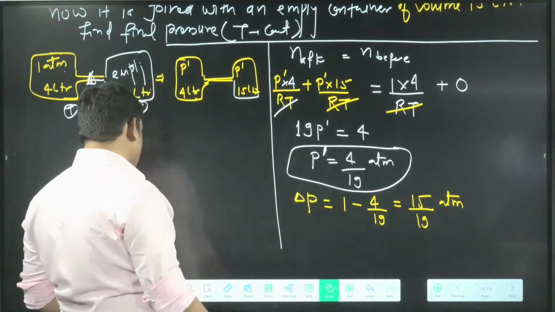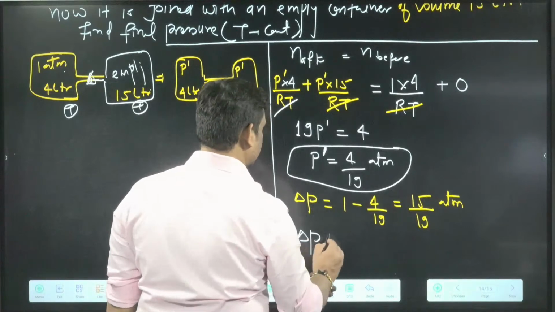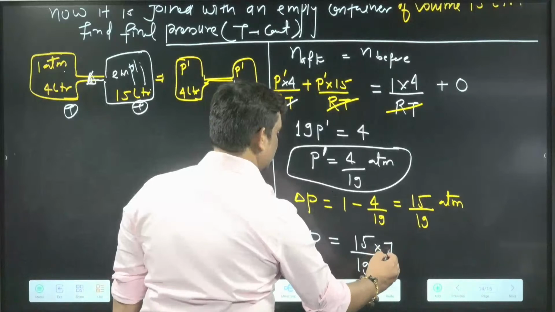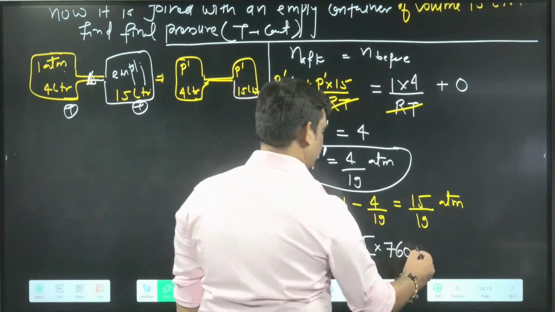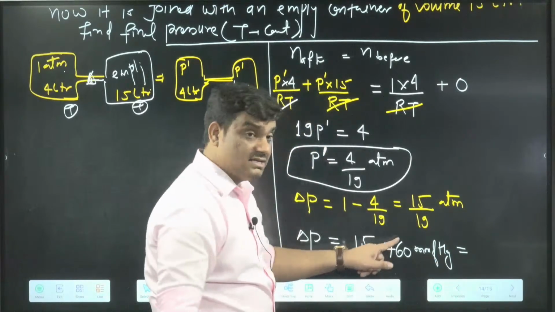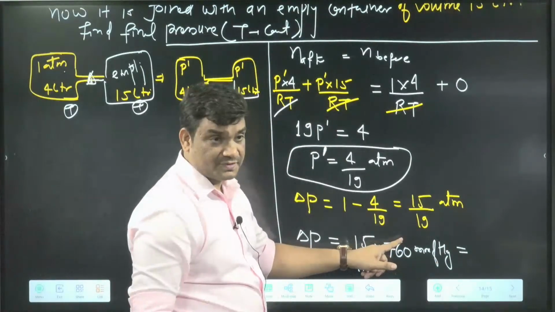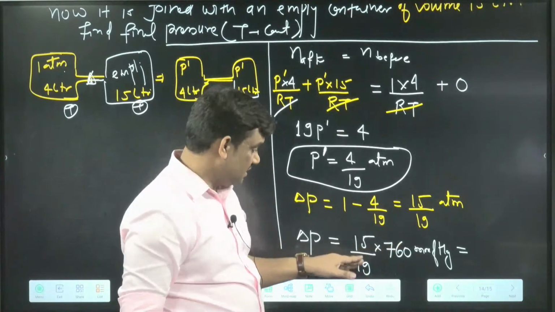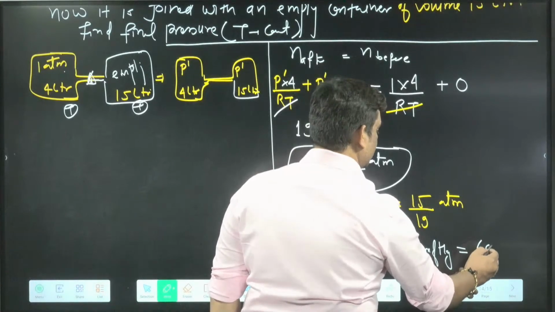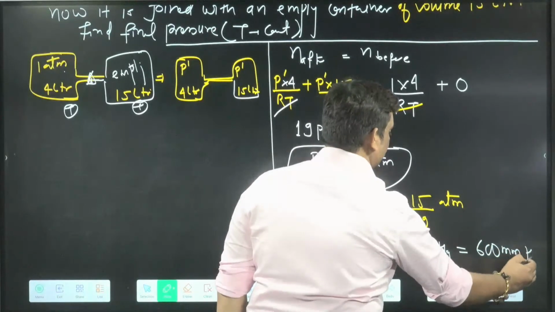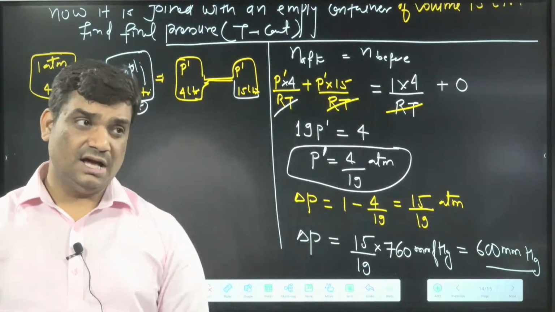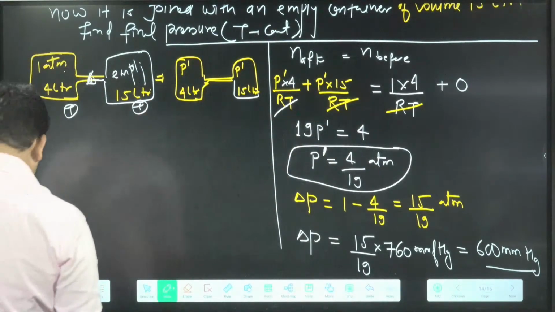And if I say in mm of Hg, then it is 15 by 19, and 1 atm is basically 760 mm of Hg. 760 divided by 19 is 40, and 15 into 40 will be 600 mm of Hg. So you can find this change in mm of Hg as well as in atm and in Pascal.